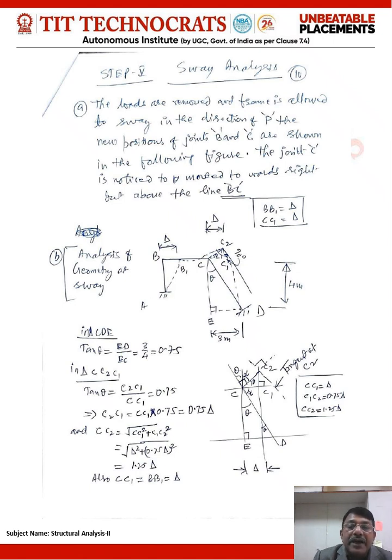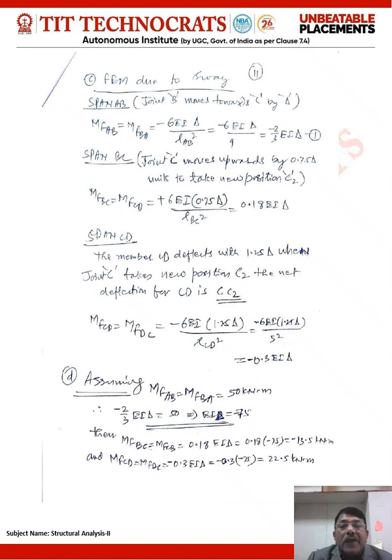Okay, so this is again a geometrical analysis, and students, I have noticed that many of the students are not able to establish the relation between delta, delta 1 and delta 2. That becomes a problem.